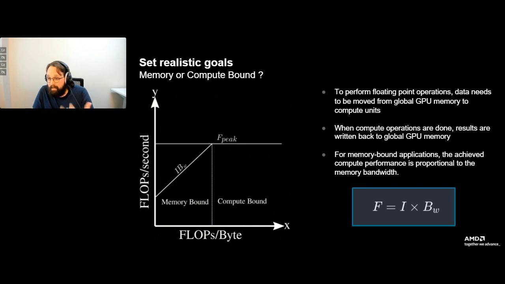So in reality, on the GPUs, you can do 64-bit vector FMAs, you can do 32-bit vector FMAs. You can do matrix FMAs on the MI200s and the MI100s, for 32-bit, 64-bit, 16-bit or bfloats, and all of them have their own peak compute performance.